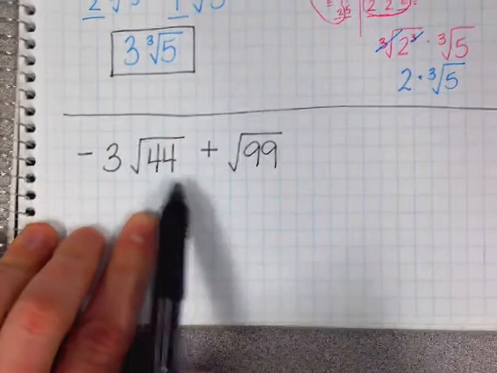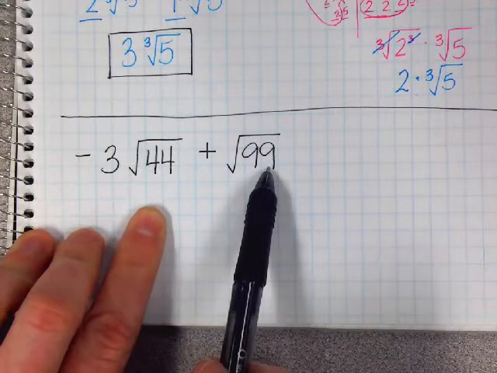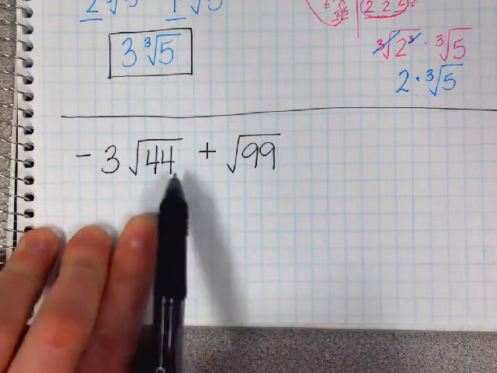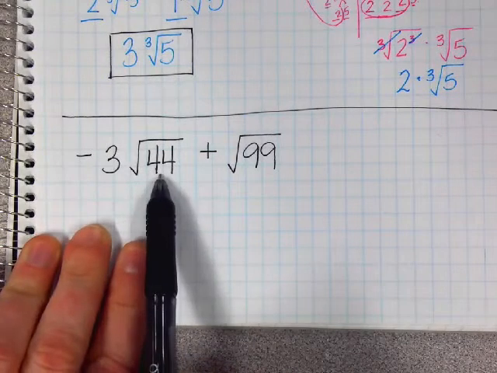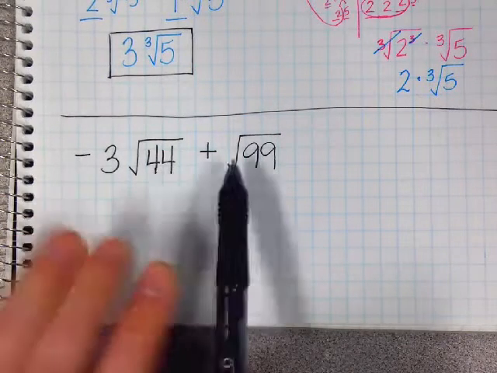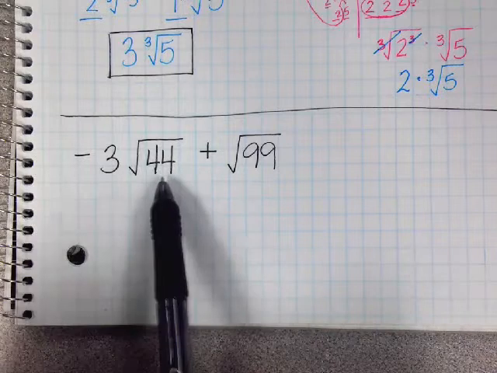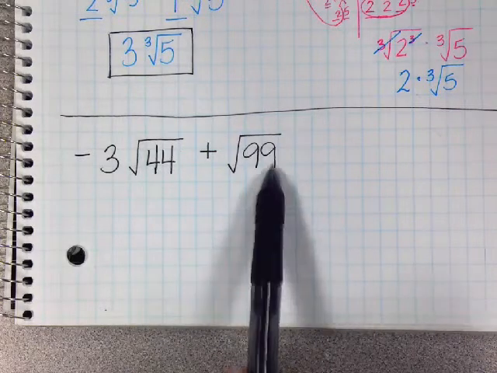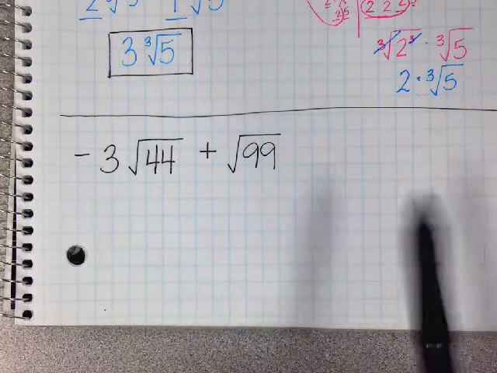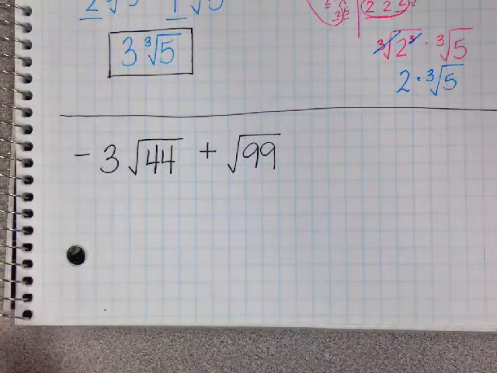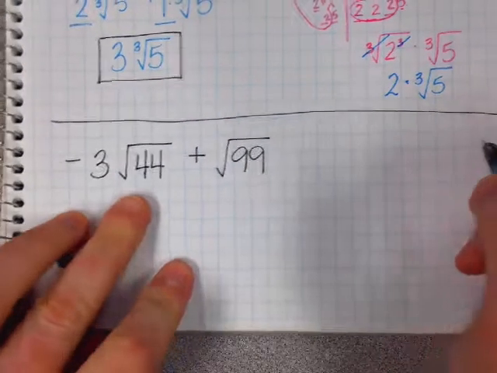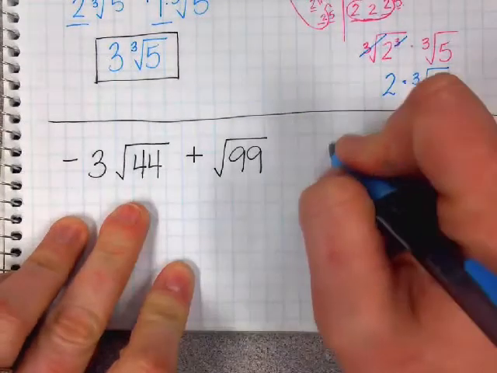And then if you look at these, we're going to see that both of them can simplify. 44, some people can easily look at that and say, oh, I bet there's an 11 in that. And then you can also look at the 99 and say, oh, I bet there's an 11. But not everyone's that great. So again, we're going to do our factor tree of the numbers.